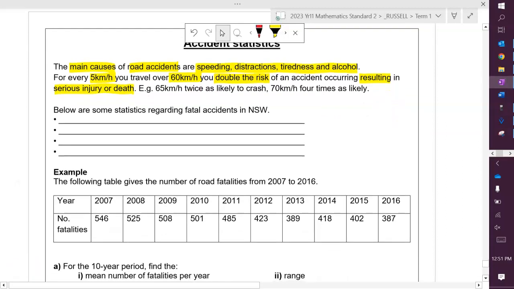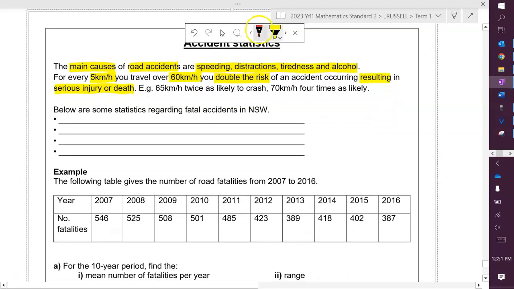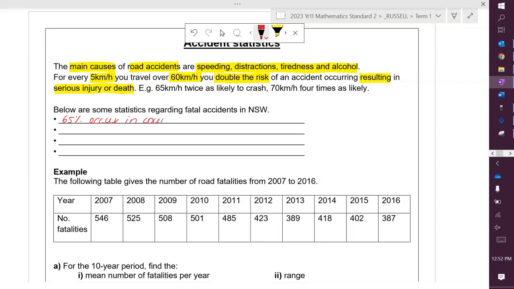So some statistics that we need to know in relation to fatal accidents is that 65% occur in country areas, 13% involve alcohol, 30% affect motorcyclists, and 88% of drink drivers involved in fatal accidents are males.